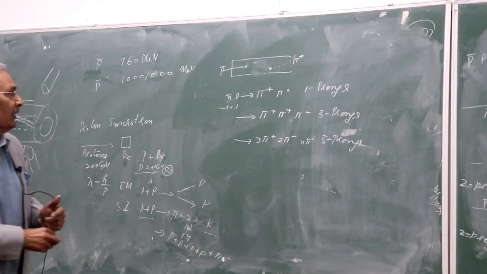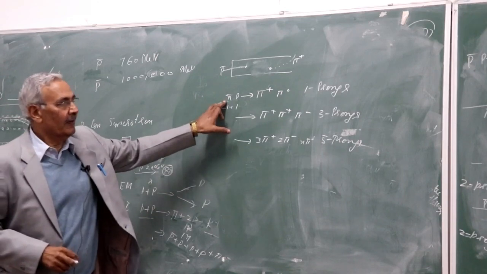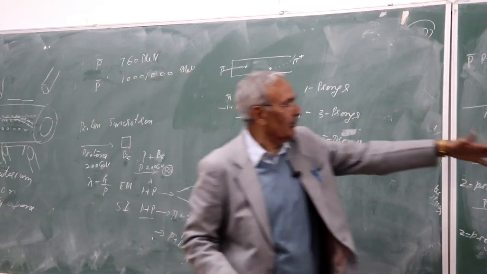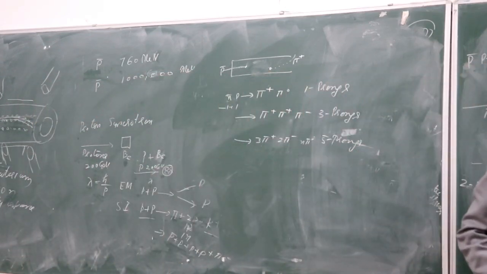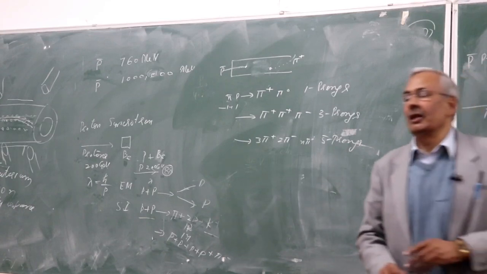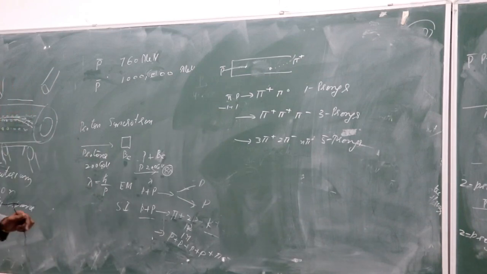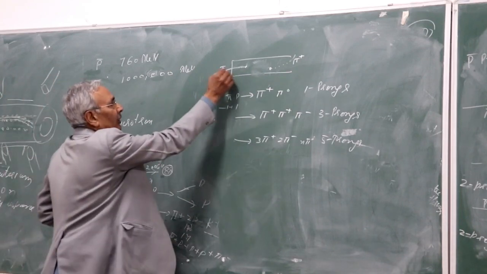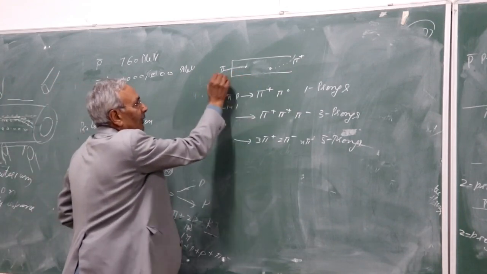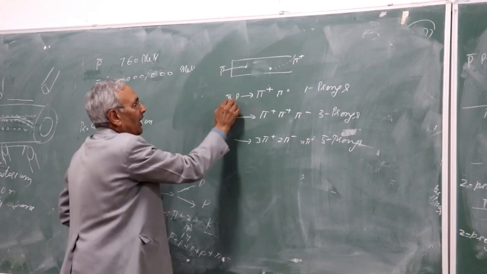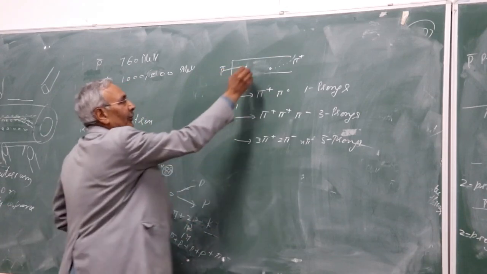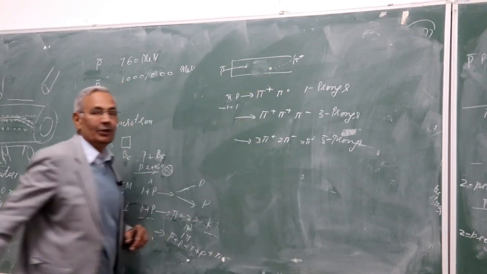So in this case, the energy is variable. Whatever the outcome over here, the energy is shared between this neutron and antineutron, and that would be the energy of the antineutron. So this antineutron is coming. So rather than a beam of antiproton, what you have is a beam of antineutron. That is the beam of antineutron.